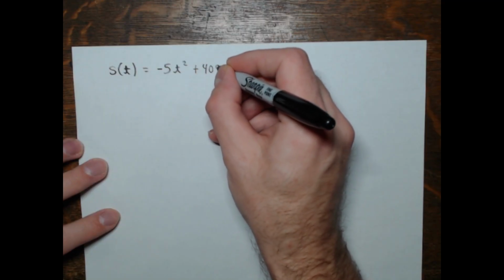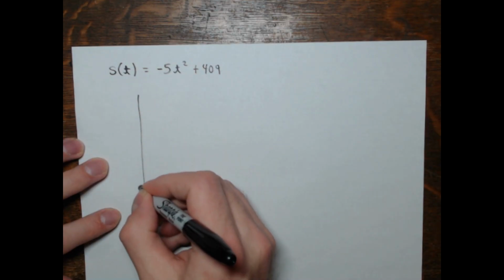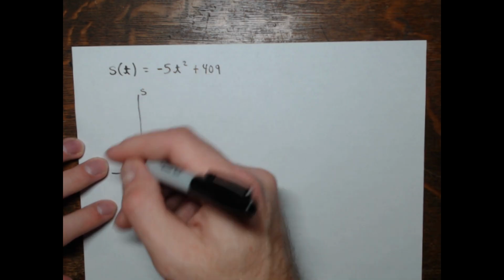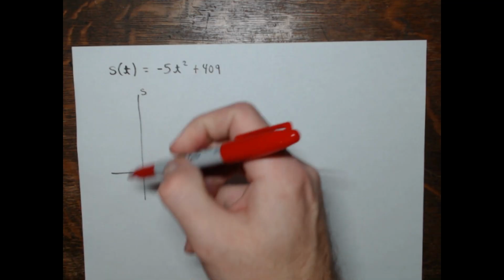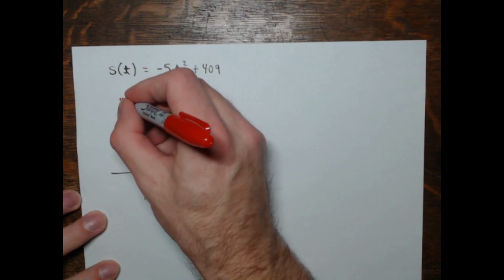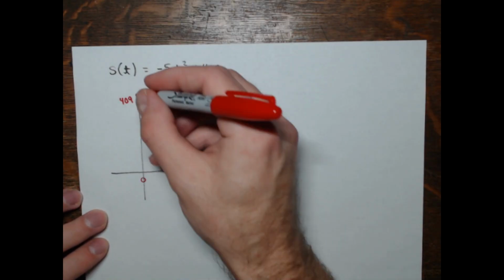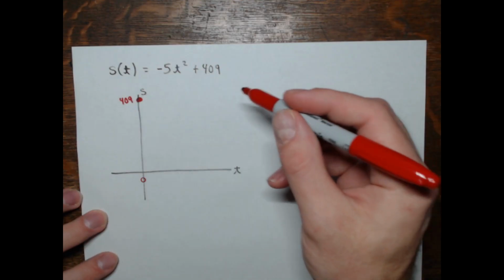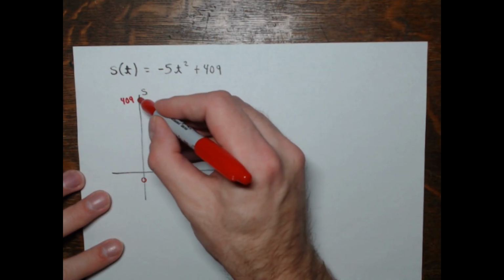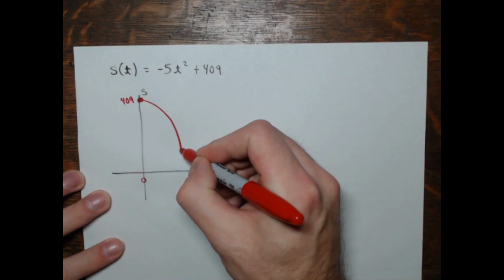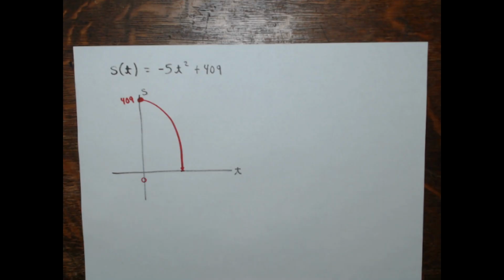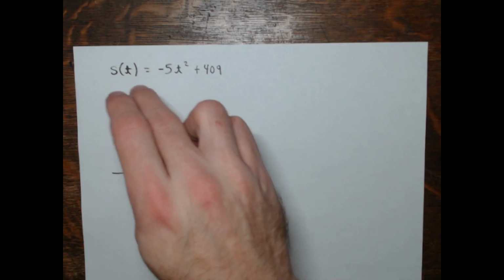If I were to graph this, time in seconds, and then s is the height off the ground. At time 0, it was dropped from 409 meters, so 0, 409 would be the vertex, and then your parabola is doing this. It's dropped and eventually hits the ground at some point. So you got part of a parabola.